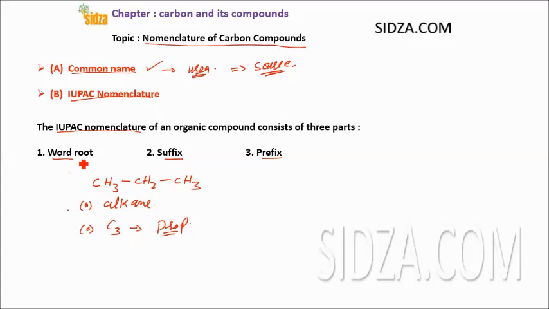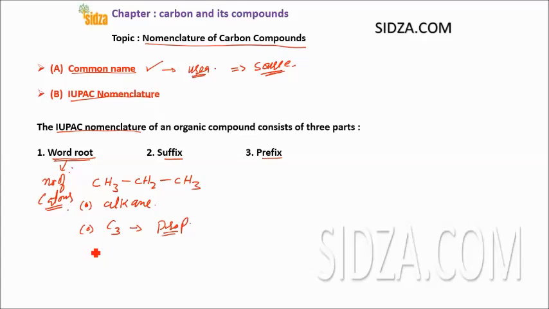So what is the word root? The word root represents the number of carbon atoms in a molecule, right? In our last video, we discussed that for 1 carbon atom, we use the term meth. For C2, we use eth.